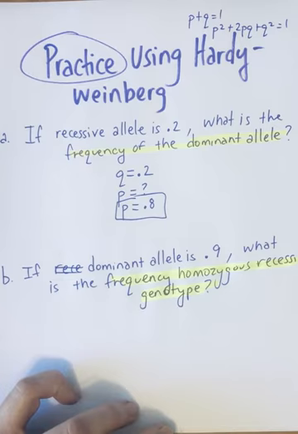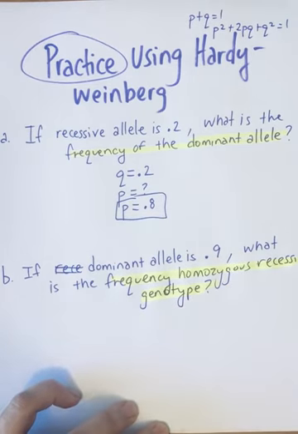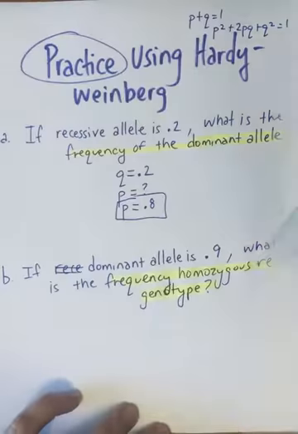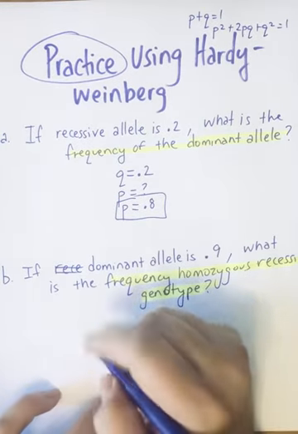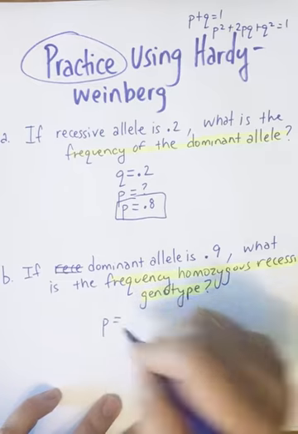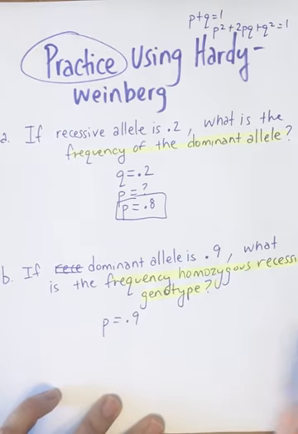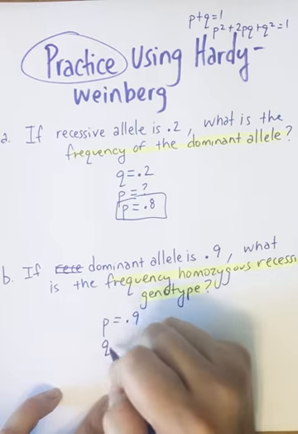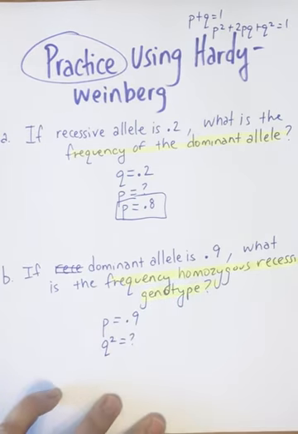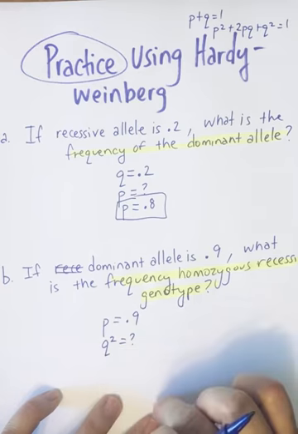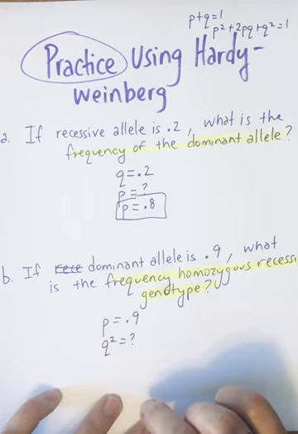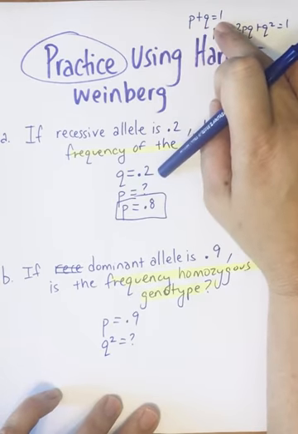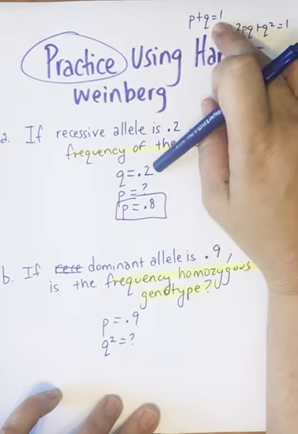The dominant allele is what's given. So you always go back to this. The dominant allele is P. So P is equal to 0.9. What I want to know about is homozygous recessive, Q squared. Now, don't let this throw you off. The easiest thing to do is to figure out Q using the P plus Q equation.